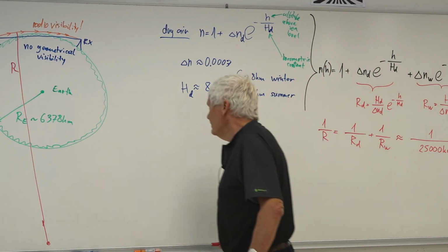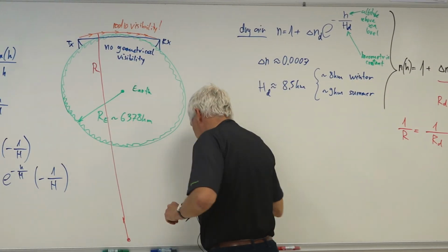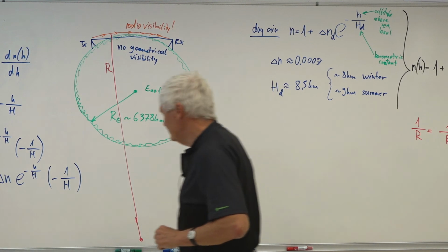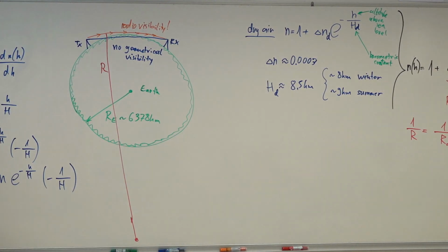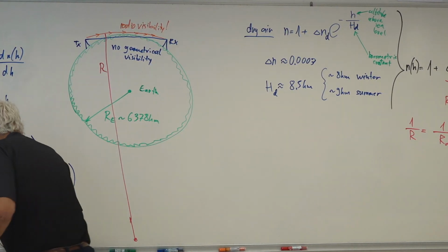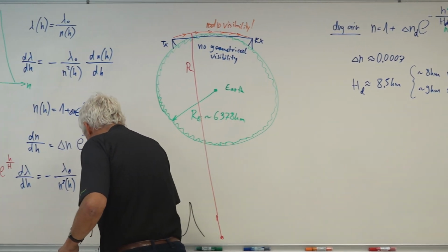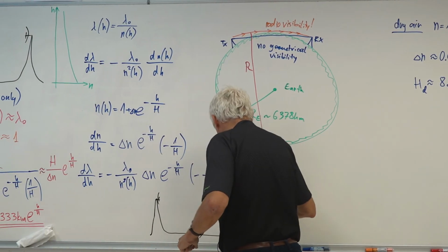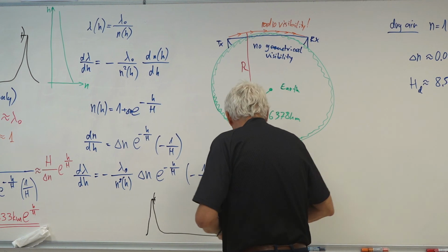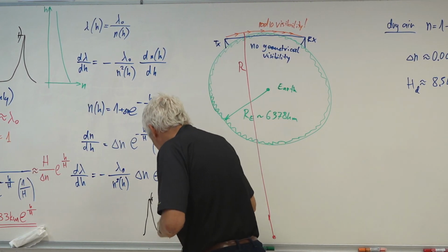So if I redraw this detail down here, what I want to say is: if I have two sides with antennas, the geometrical visibility is a straight line.